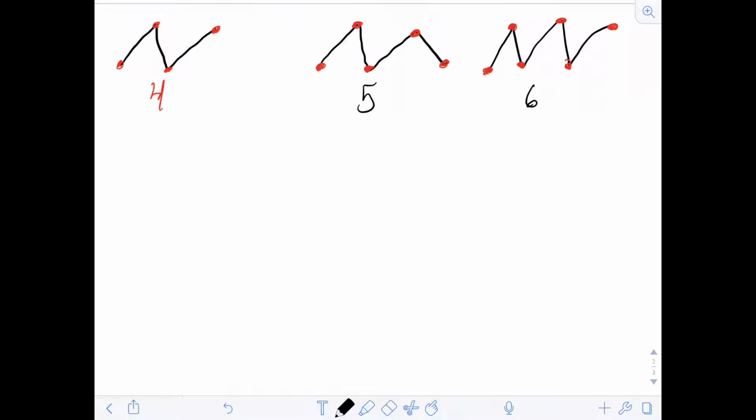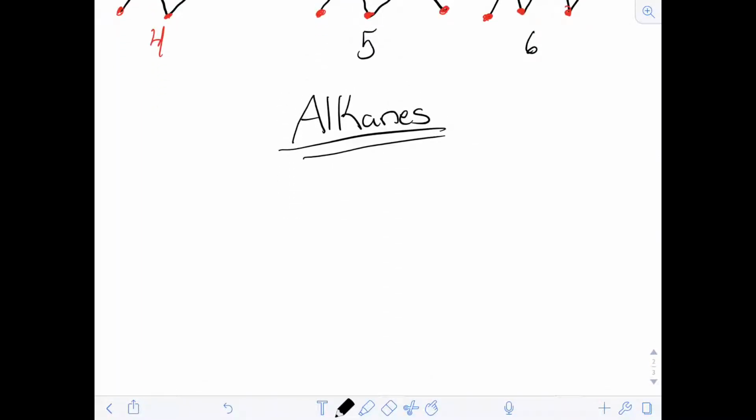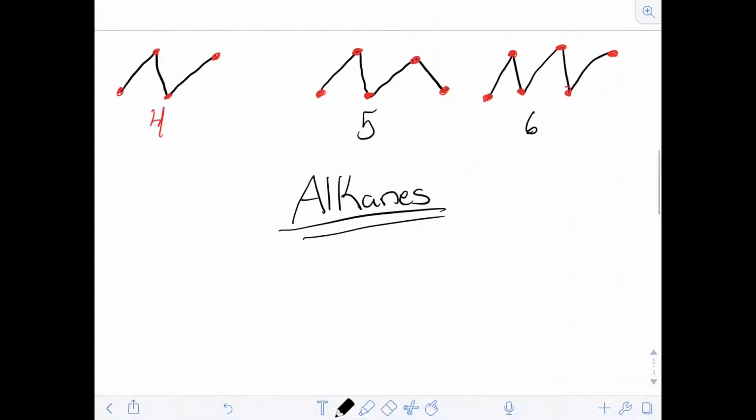So these lines up here, these carbon chains, will lead us into our first section, which is alkanes. These alkanes are essentially no double bonds or triple bonds. It's just a straight chain of carbons connected to one another.